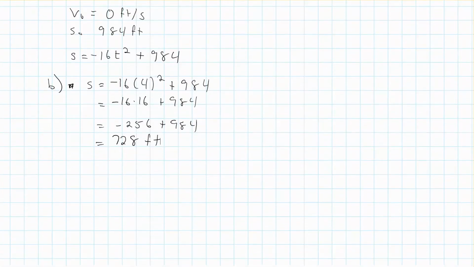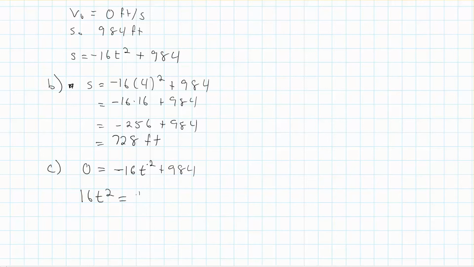All right, one last part here. We want to know how long it takes for it to strike the ground. Well, in order for it to strike the ground, the height here would be 0. And so we're just solving 0 is equal to negative 16 t squared plus 984. Now you could use the quadratic formula or something to complete it, but since there's no t term, we can actually just solve this pretty straightforward by first adding 16t squared to both sides.